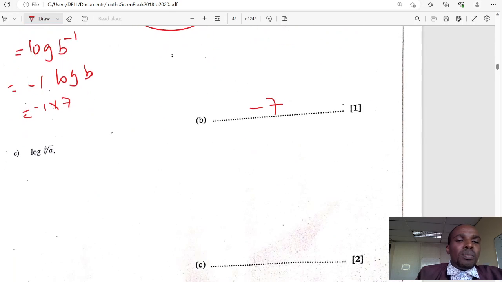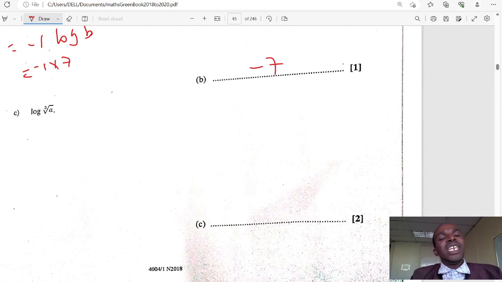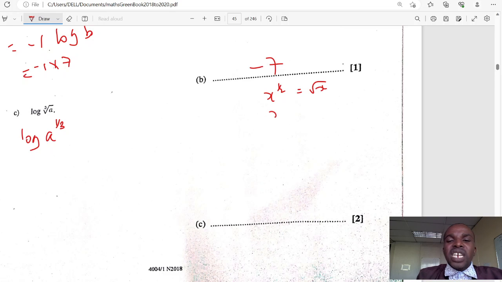Then next, log of cube root of A. Logs and indices actually work together. You can't separate the two, because here we are applying indices on logarithms. So it will be log, then cube root is the same as A to the power 1/3. X to the power half is the same as square root of x. X to the power 1/3 is the same as cube root of x.